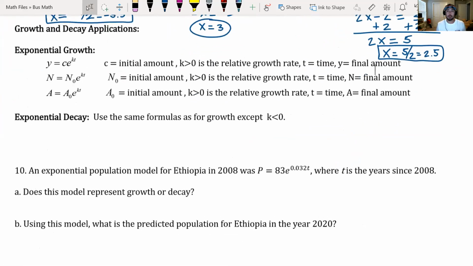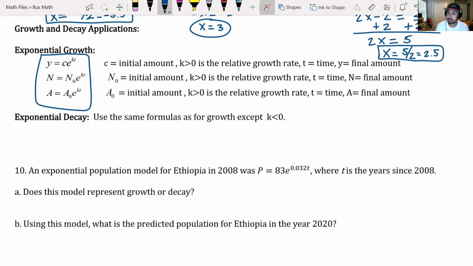Like I said, we're going to see the number e again, because now the next part is dealing with growth and decay applications. So for exponential growth, you see that we're given these 3 equations, which are all exactly the same, just different notation. Y equals c times e to the kt.